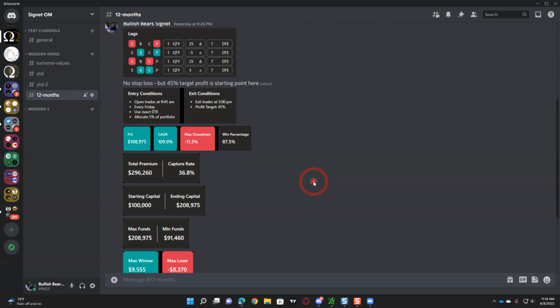That's it. Now, granted, when we look at the number of trades that it actually used, when we allocate 5% of $100,000, it was a 5-lot and a 6-lot oftentimes. Now, that's important information that I haven't yet put in here, because I'm really trying to keep this video short.